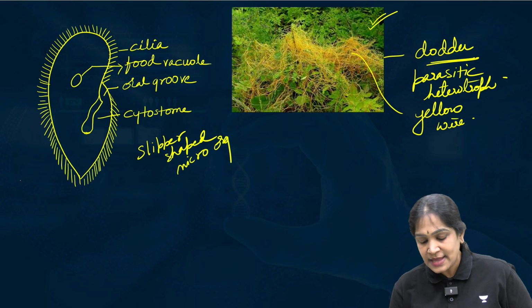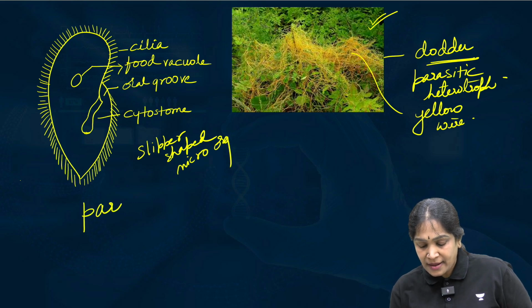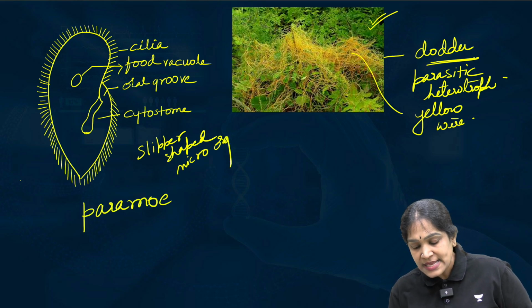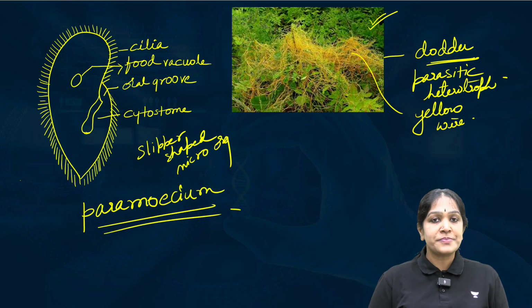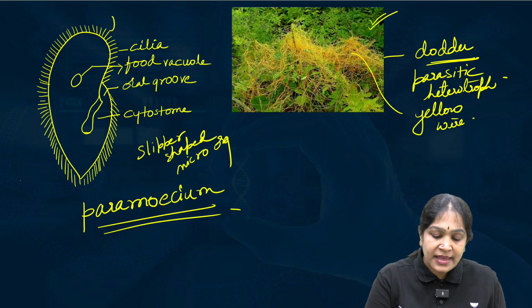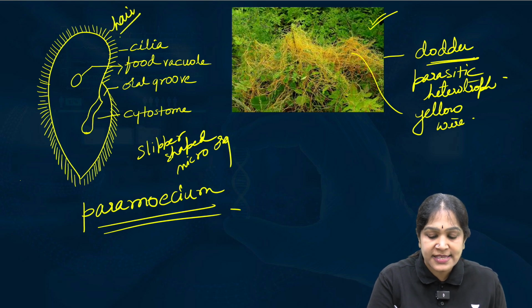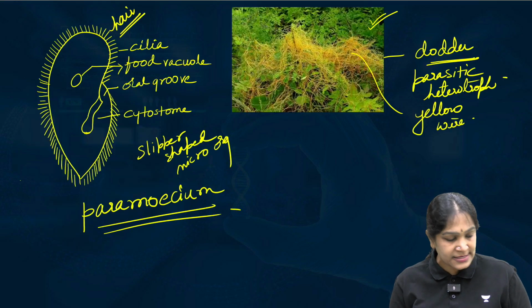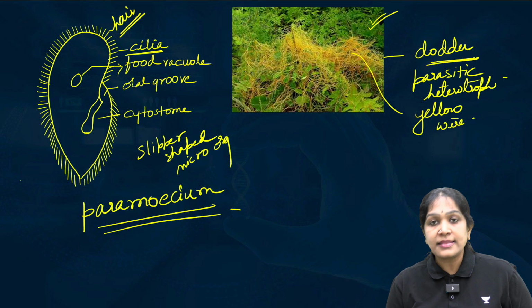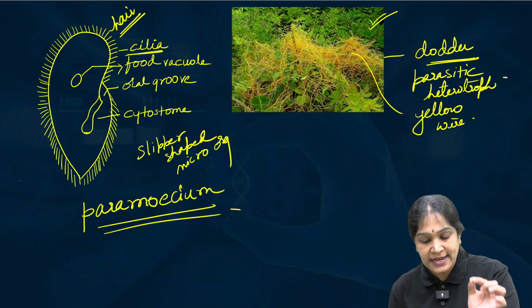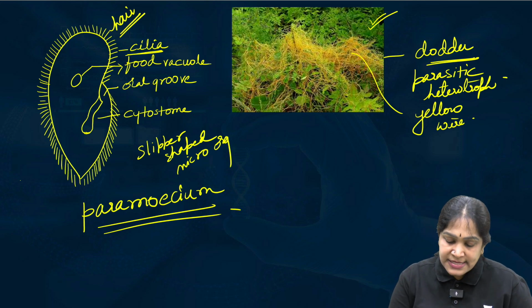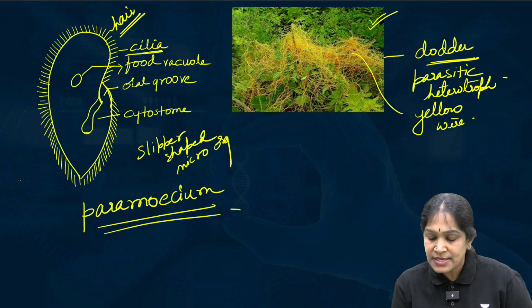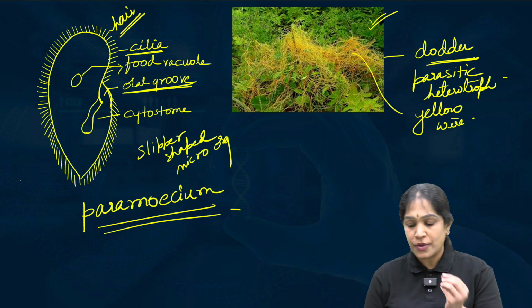That is called paramecium. If you observe, it has some hair-like projections here. These hair-like projections are called cilia, and this structure here is called the oral groove.